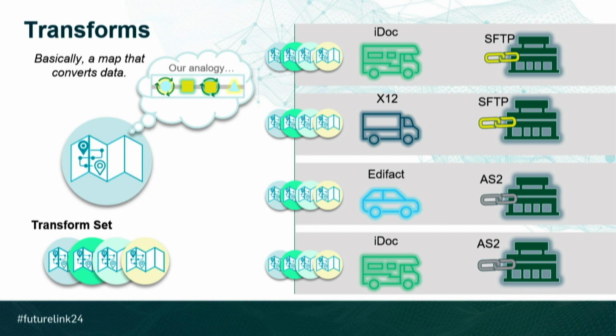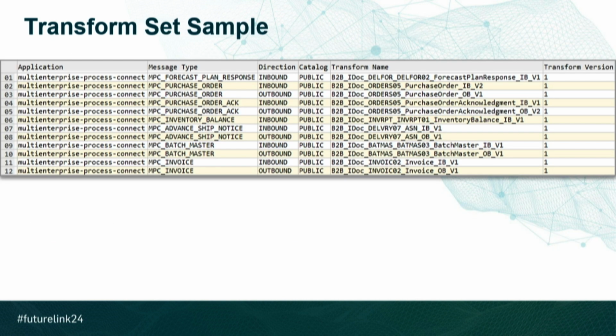So if you've got a B2B connection and choreography, you would have a different transform set for that. This is an example of a downloaded version of the transform set that we saw earlier. If you're familiar with TTS, this is like the inbound and outbound maps in the system.